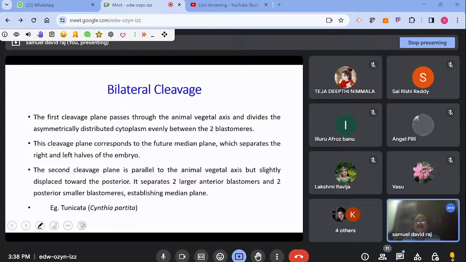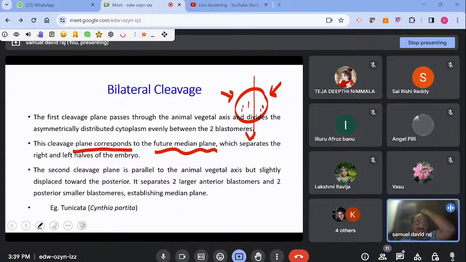And the third one is bilateral cleavage. The first cleavage plane passes through the animal vegetal axis and divides the asymmetrically distributed cytoplasm equally between the two blastomeres. Now, this cleavage plane corresponds to the future median plane. That means, what is our median plane?